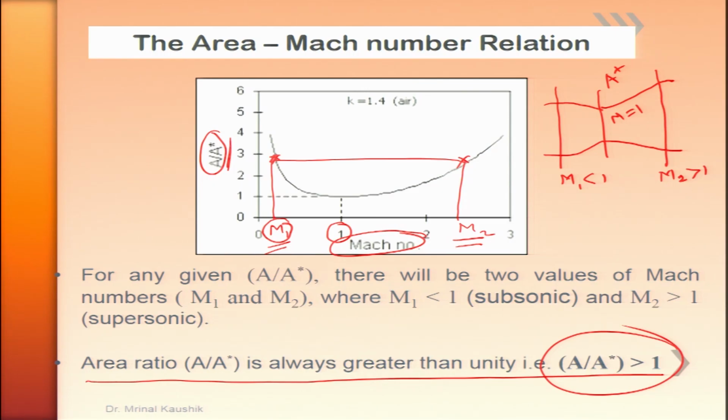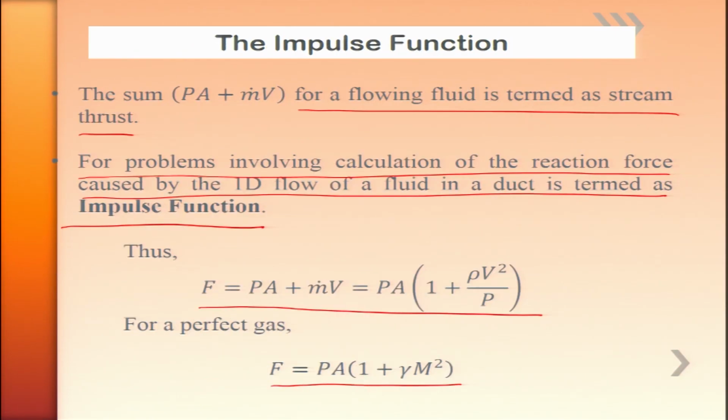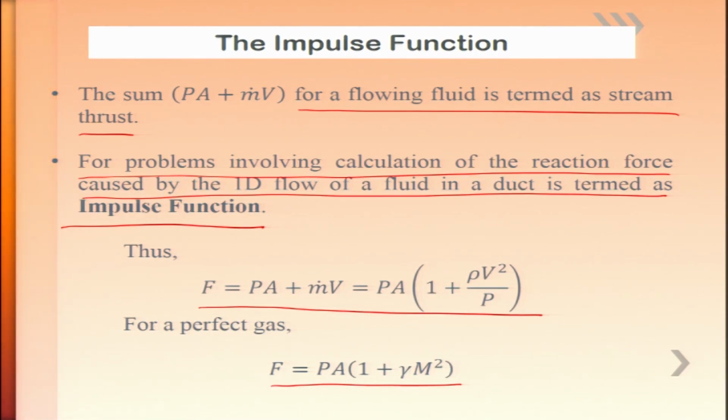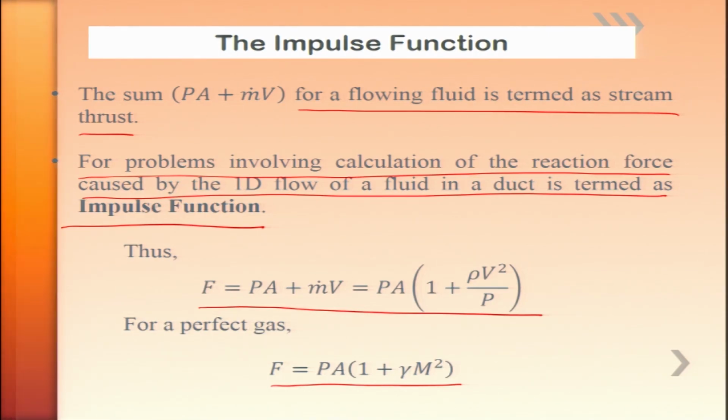Now, moving ahead and extending our discussion. Whenever fluid flows in a duct, whether incompressible or compressible, from Newton's action-reaction principle, whatever force the fluid applies while moving through the duct or passage, an equal reaction occurs from the duct as well.